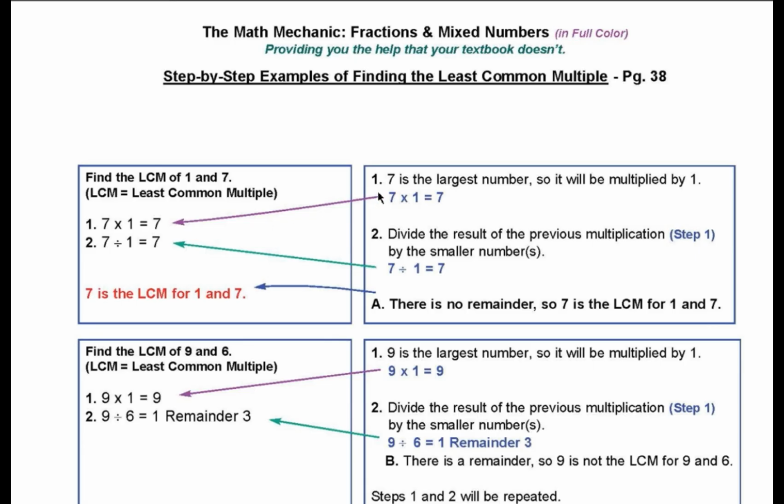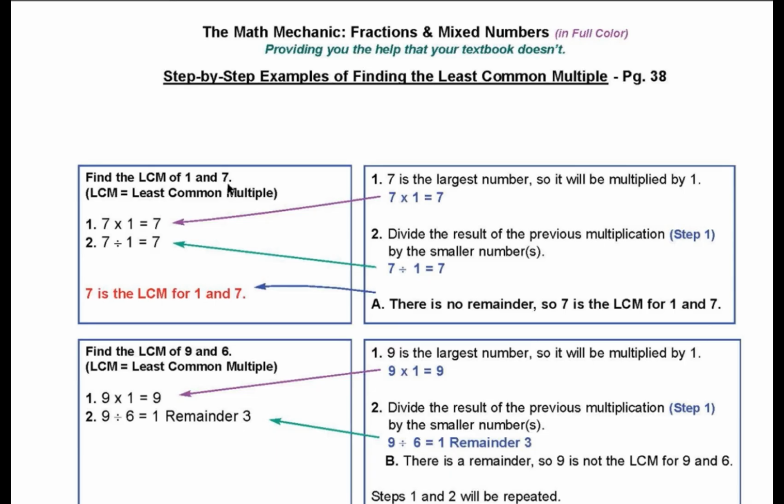Step 1. Multiply the largest number by the number 1. The larger number of the numbers 1 and 7 is 7.